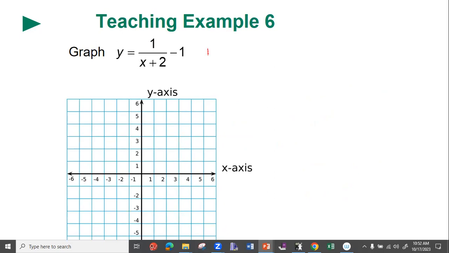So step 1 is identify. When it's written in this format, this right here, whatever is being added or subtracted, is going to be either your horizontal or your slant. In this case, there's no variable, so this is our horizontal. So you have a horizontal asymptote at y equals -1.